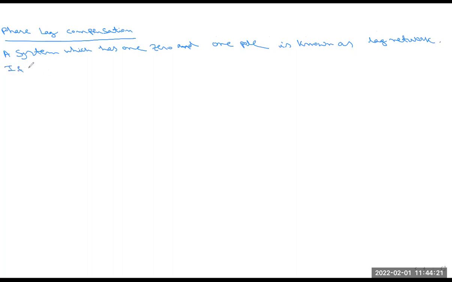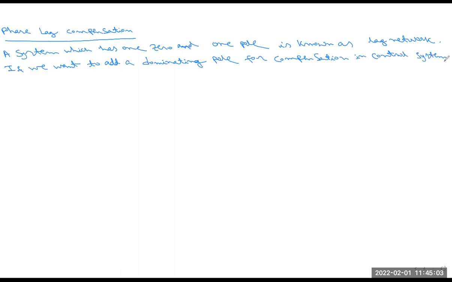If we want to add a dominating pole for compensation in a control system, then we have to select a lag compensation network.